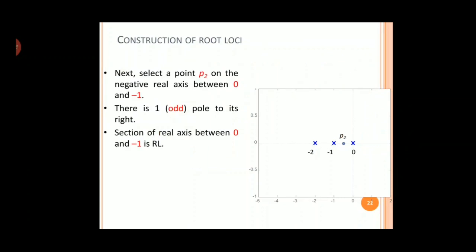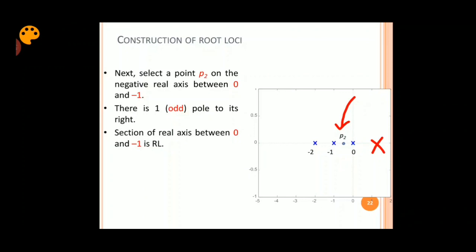Okay, next. Now as the next, I'll select an arbitrary point in the next section. Previously we have seen this part is not a root locus, that is, it is NRL. Now I'll consider the section between 0 and -1. I can choose any point in between, so I choose arbitrary point P2.